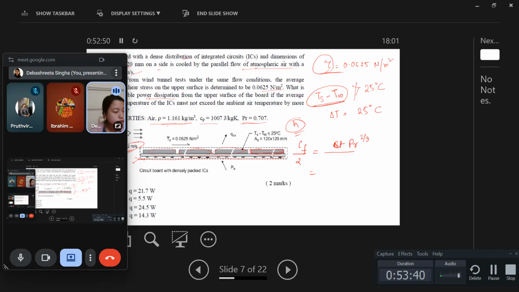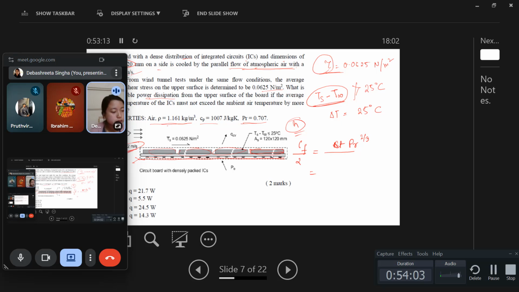A circuit board has a dense distribution of integrated circuits whose dimensions are given as 120 by 120 millimeters square. On the upper side, since they get heated up, they are cooled by a flow of atmospheric air with a velocity of 2 meter per second.